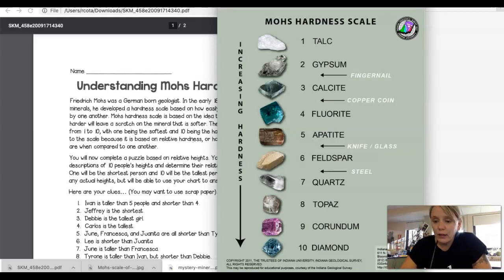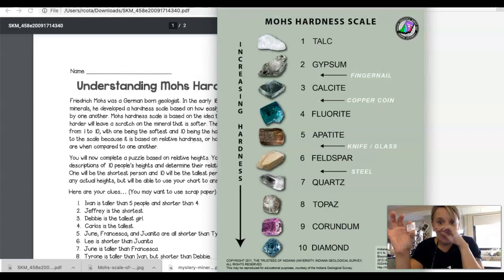You're probably not going to find any pure minerals, but you could still do a scratch test on a rock and get the idea of how to go through these steps. There are also a lot of YouTube videos about the Mohs hardness scale that will show you how to go through the steps. So the very first thing we do, here's my sample right here.